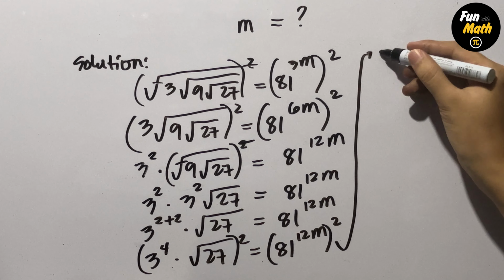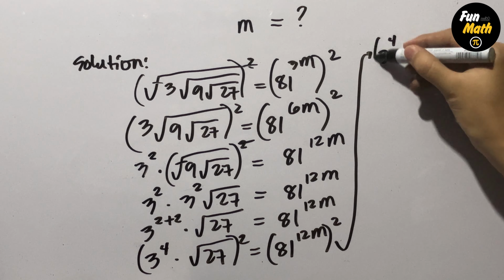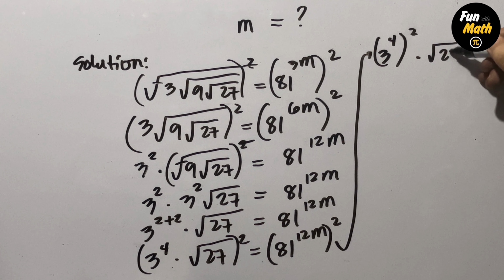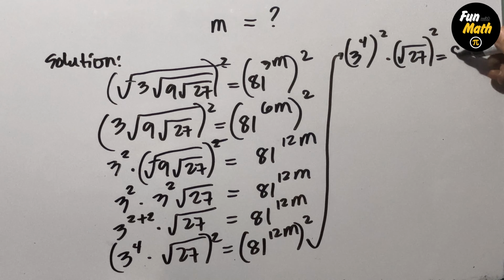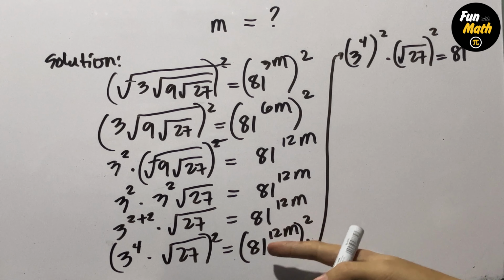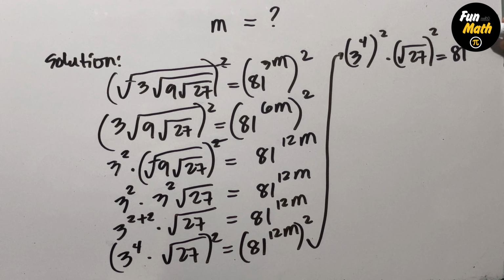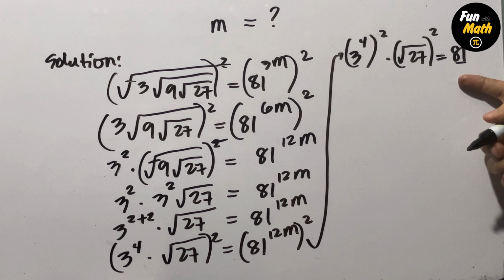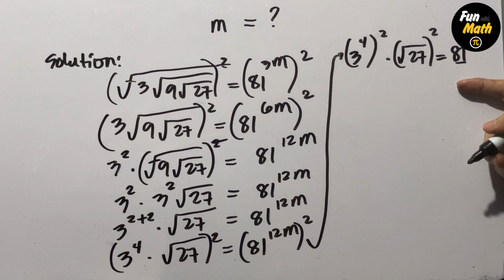So now this is 3 to the power of 4 whole to the power of 2 times square root of 27 whole to the power of 2 equals 81 to the power of 12m times 2, that is 24m. Now for 81, we can write it into a power form in terms of 3, and that is 3 to the power of 4.